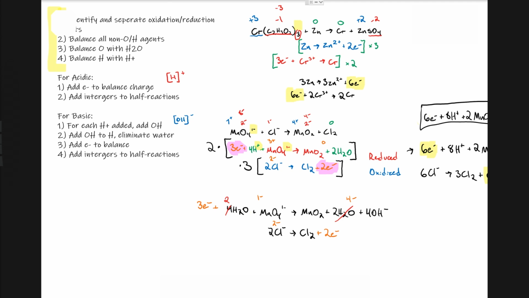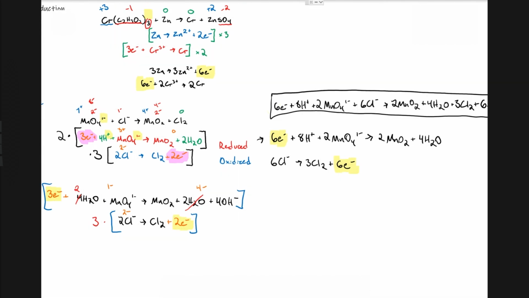Now, as before, we take a look at each of our half reactions and check where we're standing with electrons. And as you can see, they don't match. So we need to multiply to get the lowest common denominator. That will be 2 on the top half reaction, and 3 on the bottom half reaction.